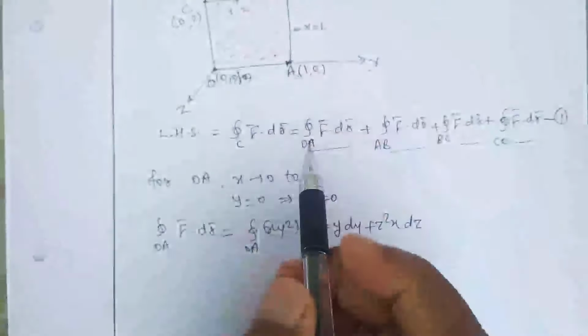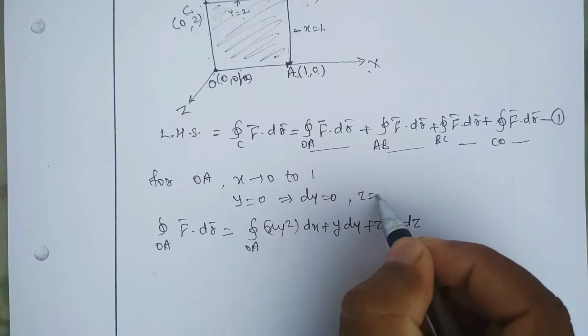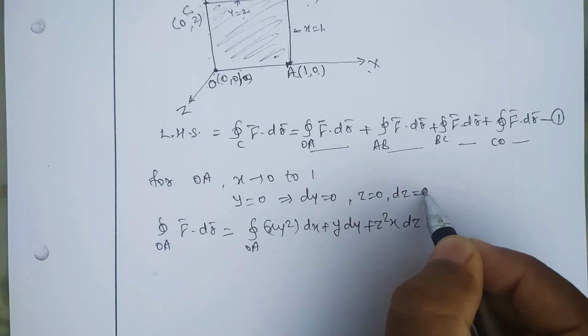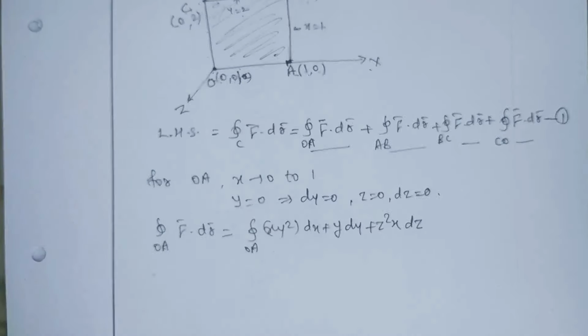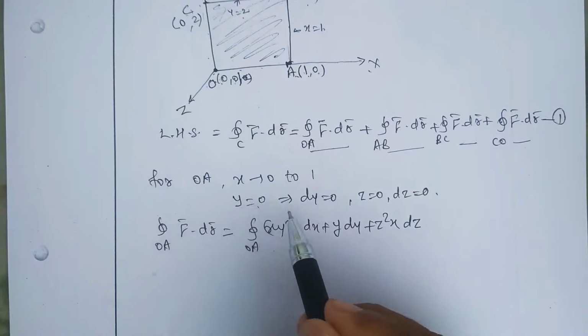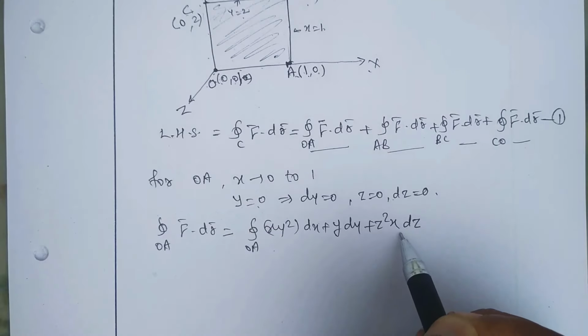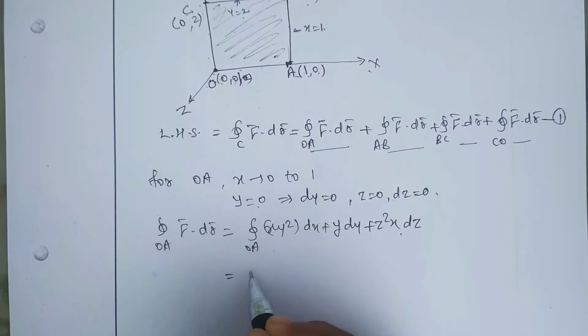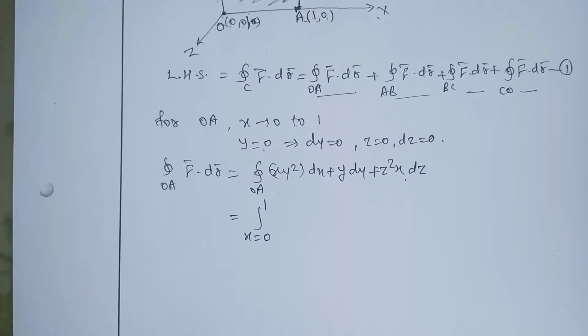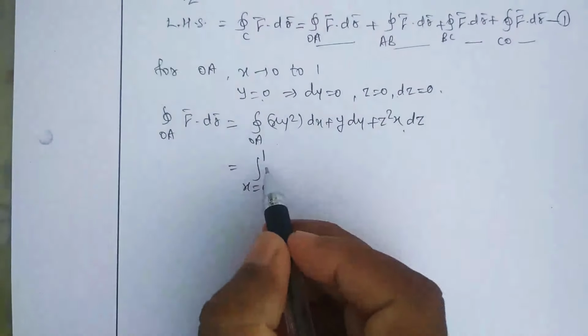But in the whole problem the value of z is 0, which means dz is also 0. Now when you put y equals 0, dy equals 0, z equals 0 and dz equals 0, you get x varying from 0 to 1. Only the remaining term is the term in x.